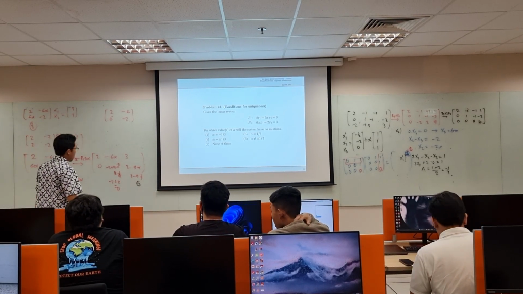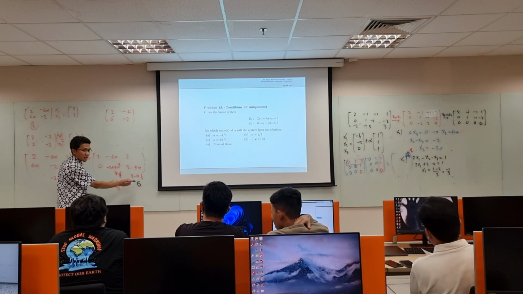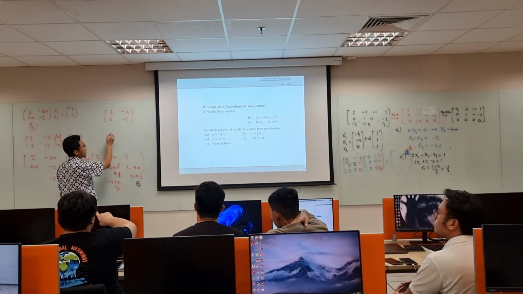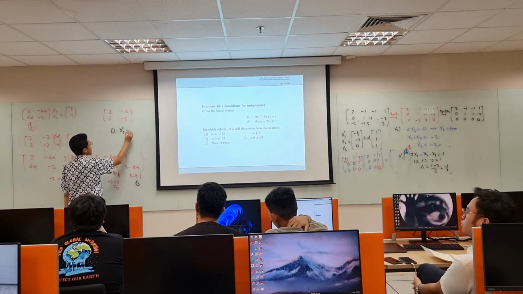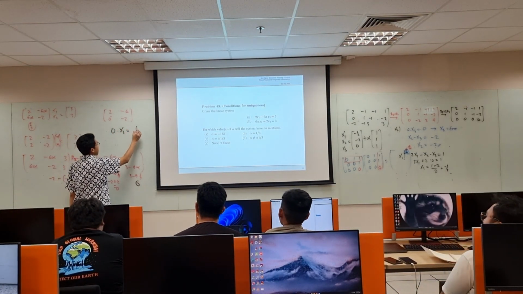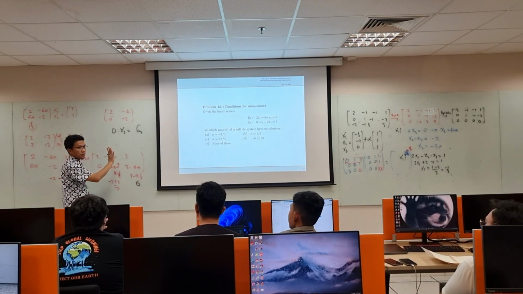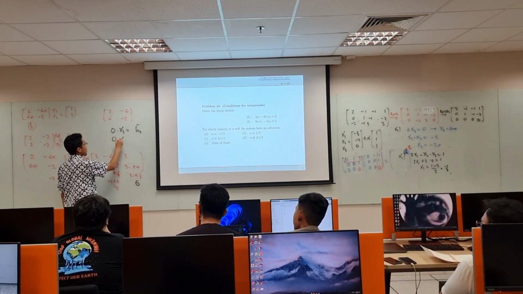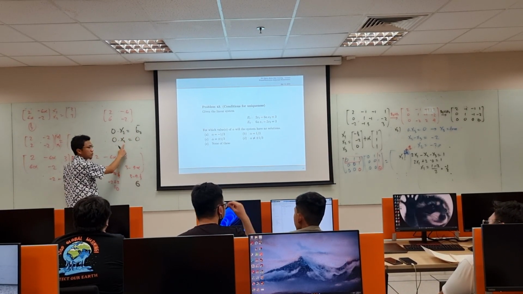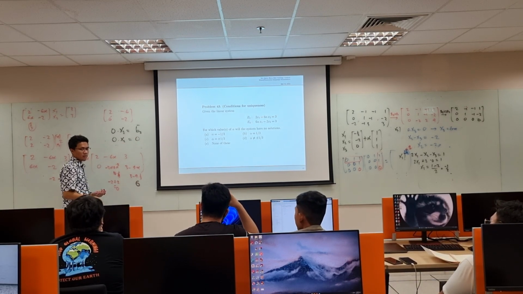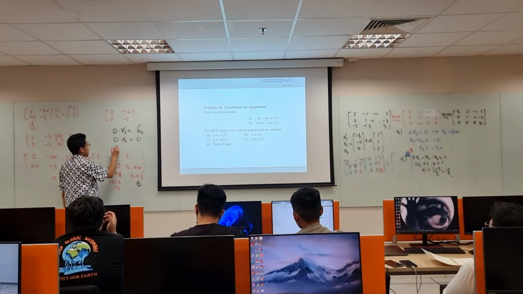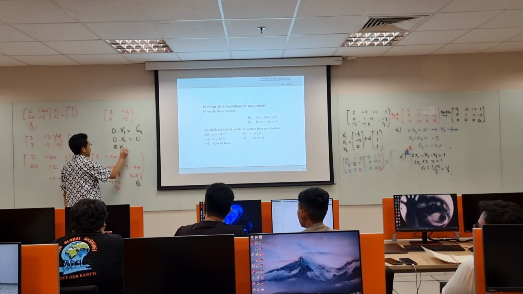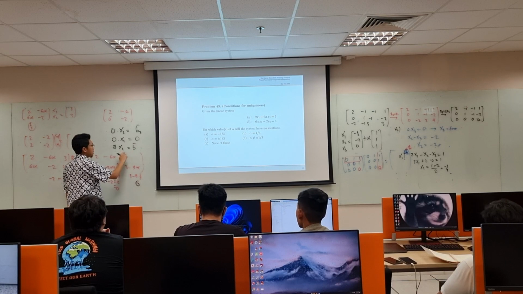If it is some number, then no solution. If it is 0, you have solution but many solutions. And if it is a bar x2 equal to b bar, then this is unique solution.